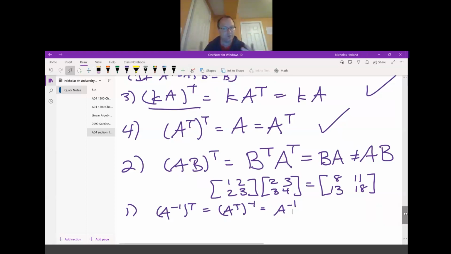A constant multiple of a symmetric matrix is symmetric. The transpose of a symmetric matrix is symmetric. That shouldn't be very surprising. But if you take two symmetrics and multiply them, it is not necessarily symmetric. In fact, the only way the product of symmetric matrices can be symmetric is if they're also commutative, which, as we know, doesn't always happen.